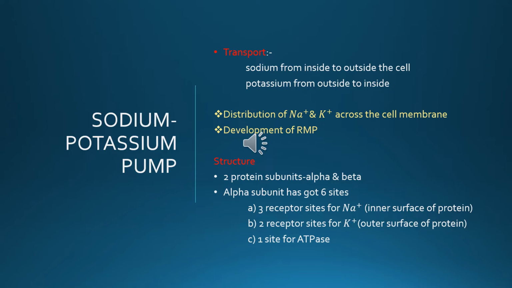Okay, so the sodium potassium pump is responsible for the distribution of sodium ions and potassium ions across the cell membrane and also in the development of resting membrane potential. And the structure of this pump is such that it has two protein subunits, alpha unit and a beta unit.